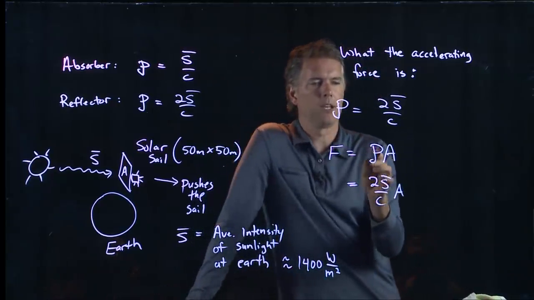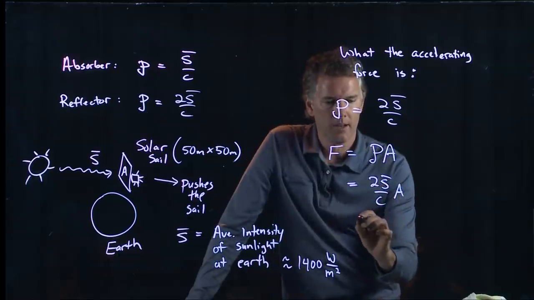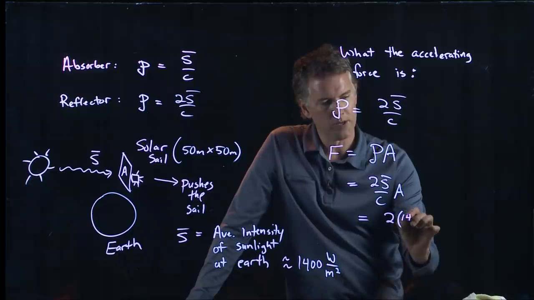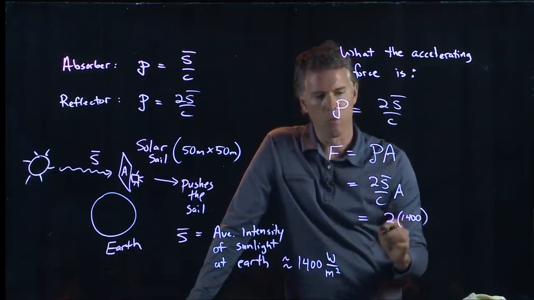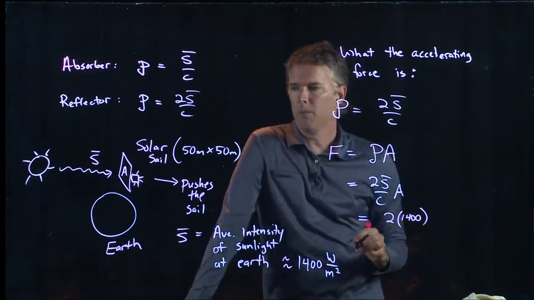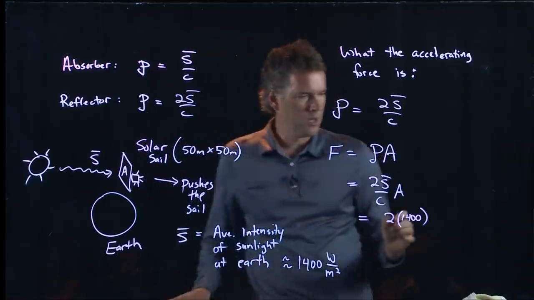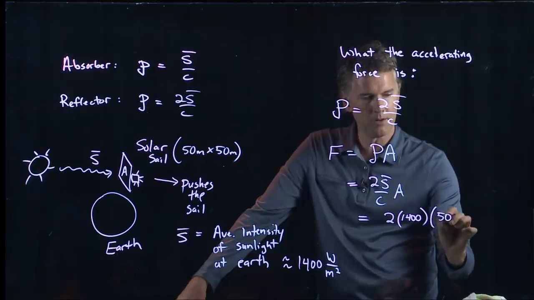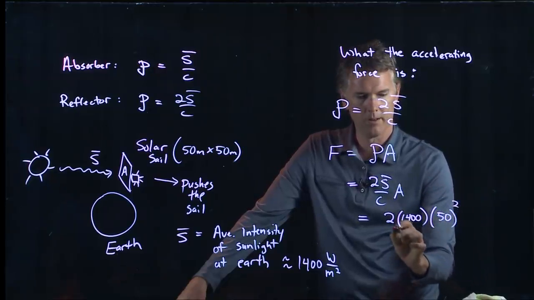Okay, so let's see if we can calculate this now. We've got 2 times S bar, which we just said is about 1,400 watts per square meter. We've got the area of the solar sail, which is 50 meters squared.